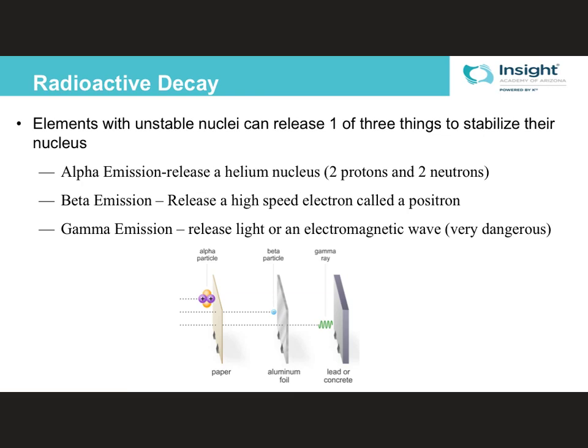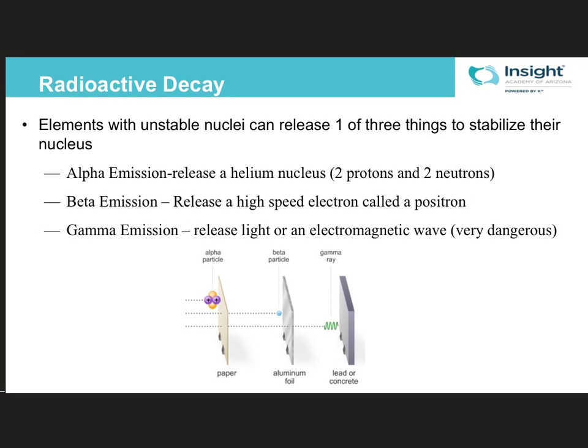That alpha particle is a helium nucleus that has 2 protons and 2 neutrons. Or there's beta emission, where a high-speed electron is released, or gamma emission, where really high energy light, an electromagnetic wave, is released. That last one is pretty dangerous.